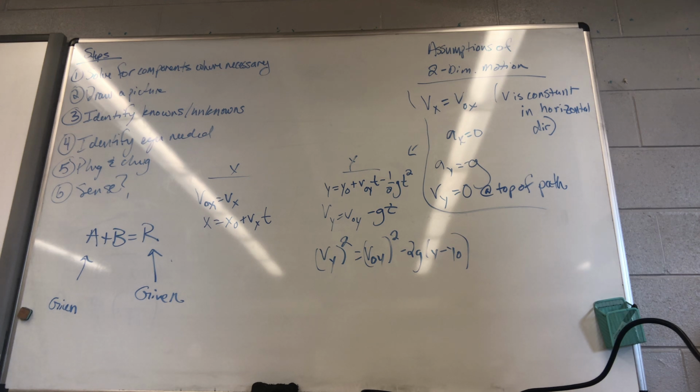Section 5 said a plus something equals r and gave you a and r and asked you to calculate b, whereas before that it had always been given a and b, tell me what the resultant is. So this is like what was the current of the river, or what was the speed of the wind against the airplane, things like that.